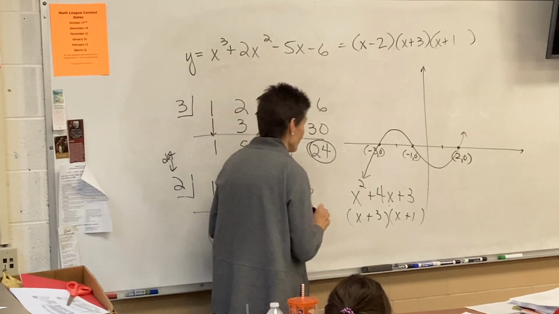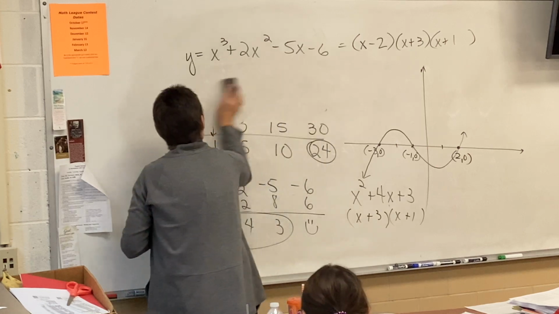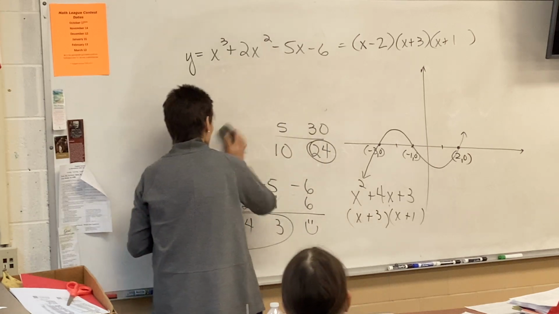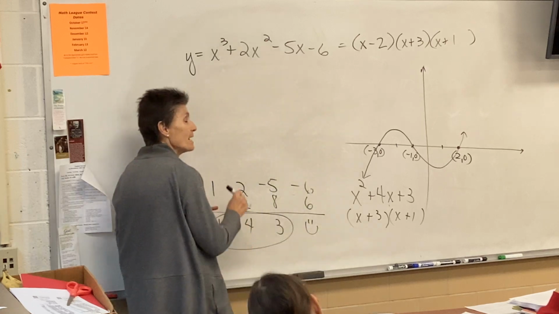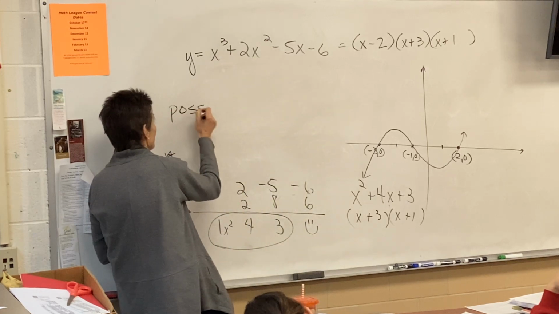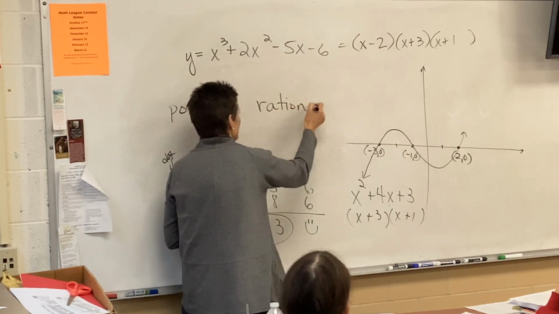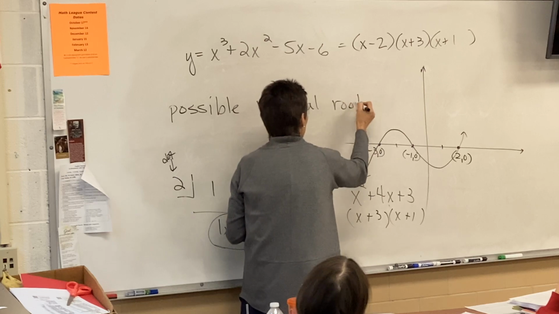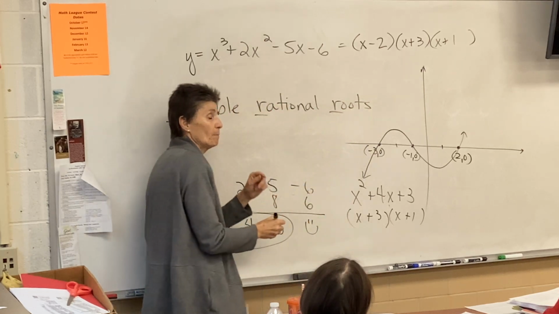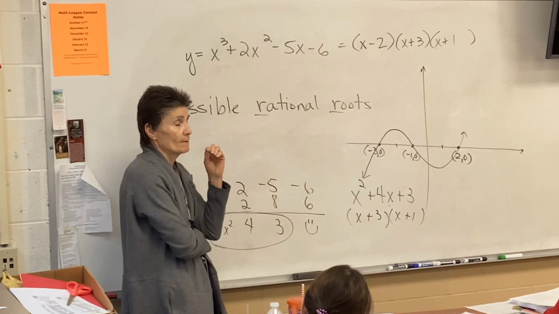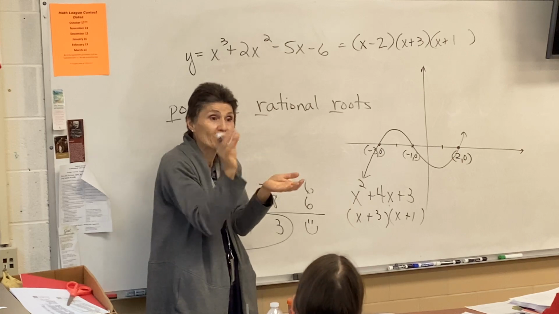Notice on the problem, you see that little PRR written there? This is not going to tell you exactly what numbers are going to work, but it's going to narrow down your possibilities. PRR stands for possible rational roots, I just get tired of writing it out. The possible rational roots are your pool that you guess from.